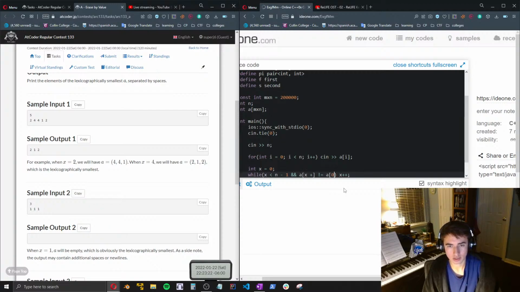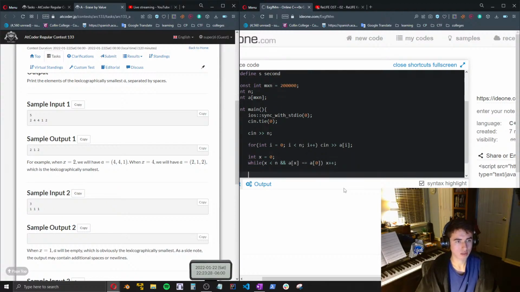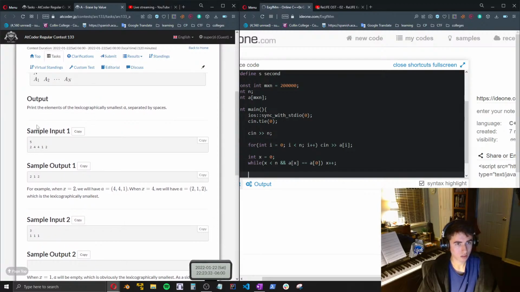Okay, wait, let's do this. While x is n, and x equal to a of 0. Alright, so now we see. No, I was right before. Where was it? Alright, so think about the array.